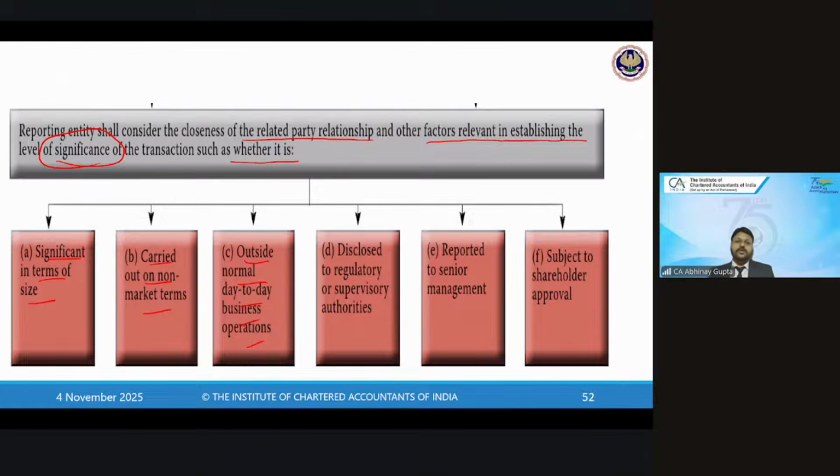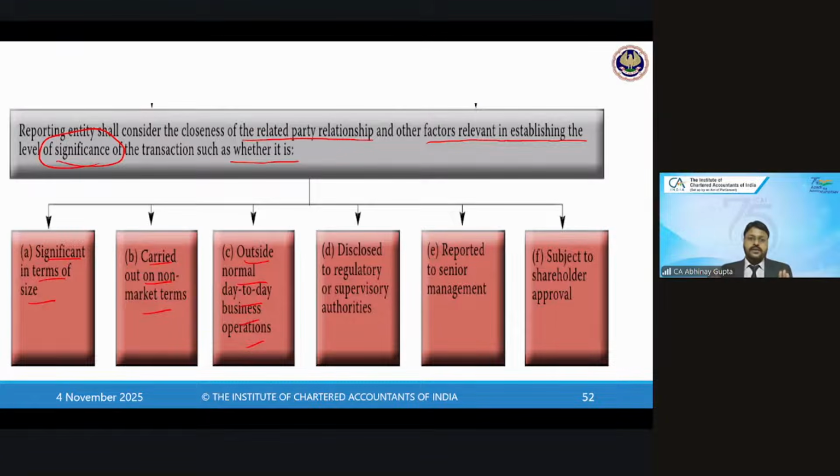I am into the business of, say, supplying air conditioners, but I am supplying almirahs, right? So I don't have the business of purchase and sale of almirahs. Only I supply ACs. But because for government I received a contract, I procured almirahs and supplied. So this is outside my business, yes or no? Normal day course of operations.